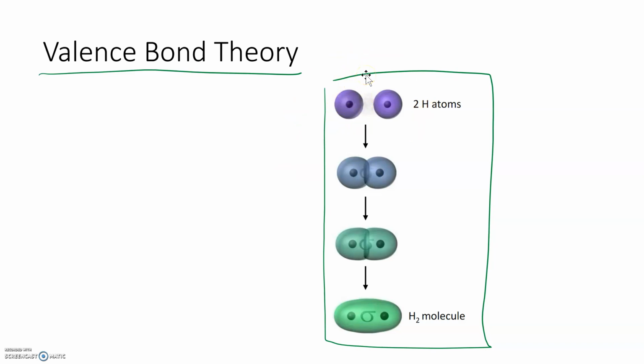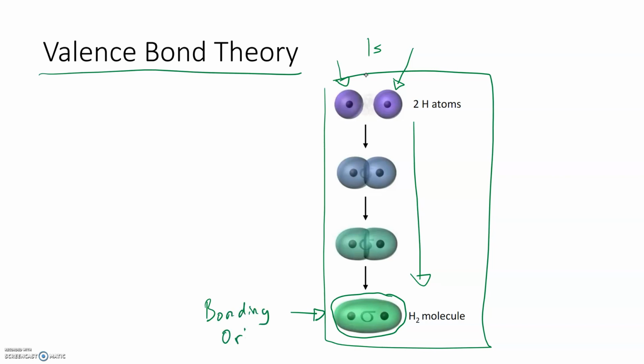In this case, we know that the electron configuration for hydrogen is 1s, so we know that both of these are s orbitals. We can see that as you go down, the orbitals overlap until they form a new orbital, which we call the bonding orbital.